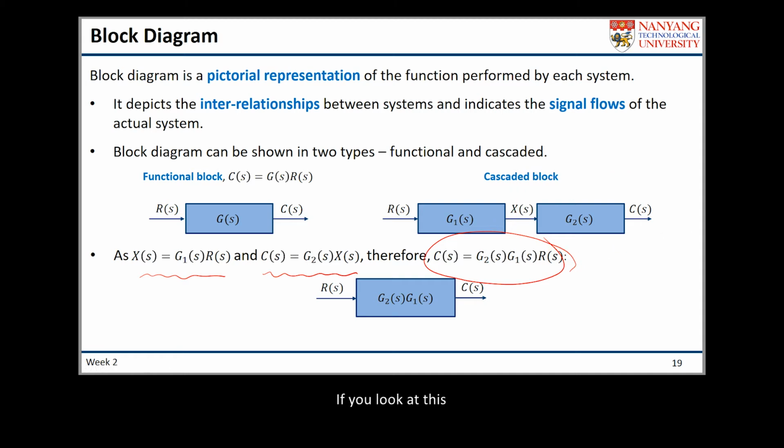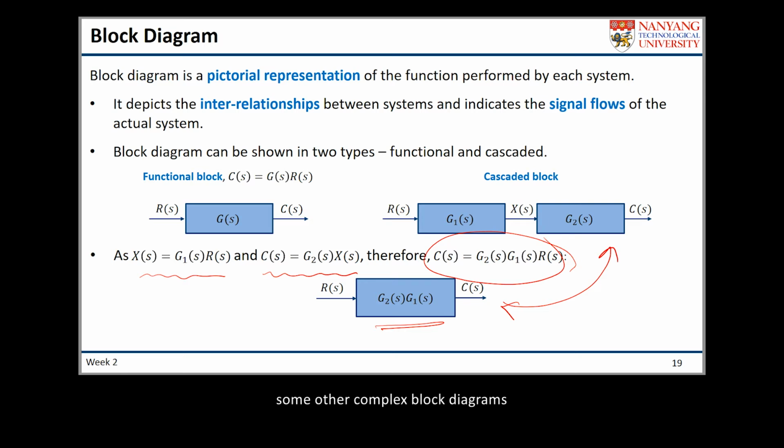If you consider C as an output and R as an input, you can see this as a new system with a new transfer function, where the transfer function is equal to G1 times G2. So this is the equivalent of the complex system that we discussed before, the cascaded block, the combination of power supply and DC motor. You can consider it as one single complex system with one new transfer function, equal to G1 times G2.